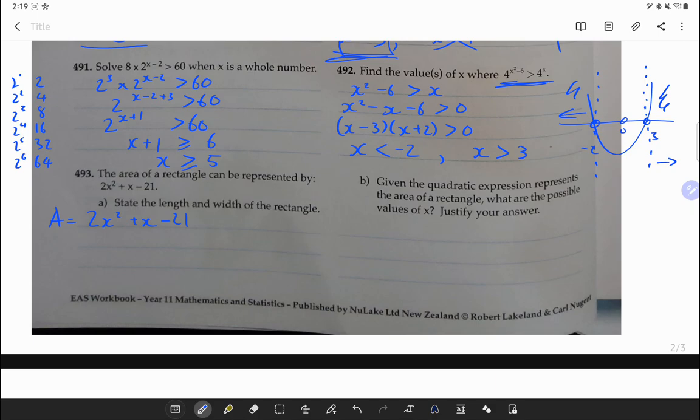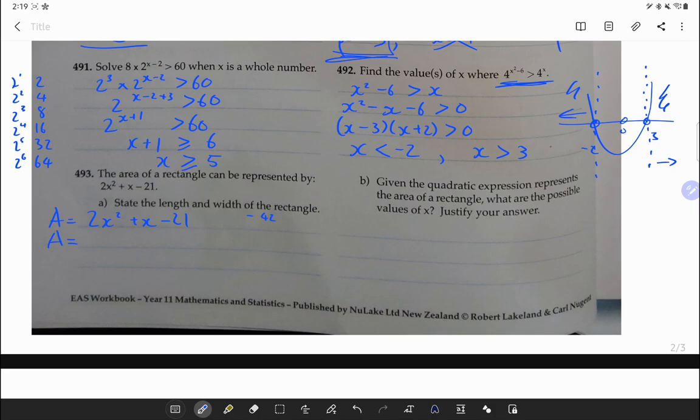So we want two numbers that add to 1, that's from here, but multiply to 2 times -21, which is -42.